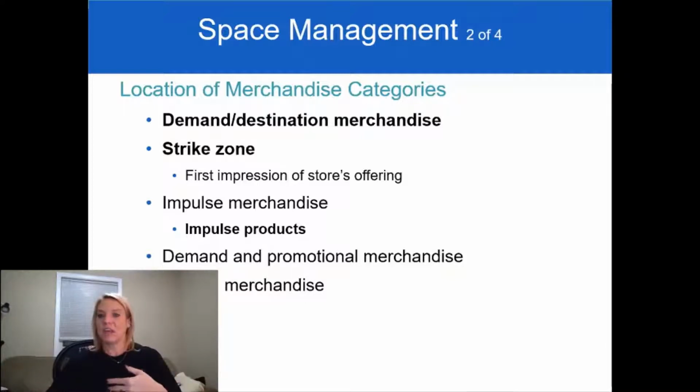Some merchandise categories, like expensive, really fragile items, or really personal items, involve a buying process that's best accomplished in a lightly trafficked area. So categories like furniture and appliances that require a lot of floor space are often located in less desirable areas.